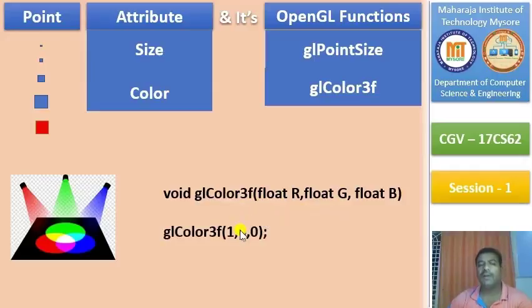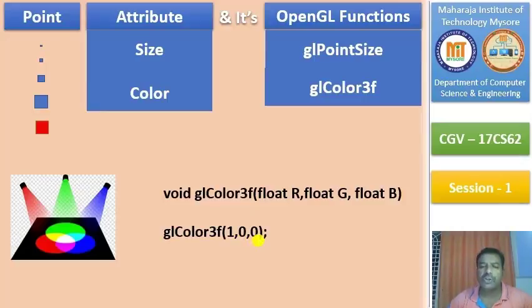For example, if I want the point color value to be red, we are going to use glColor3f. The red component is going to be complete, 1 or 100 percent intensity. The green is going to be 0 intensity. The blue is going to be 0 intensity.